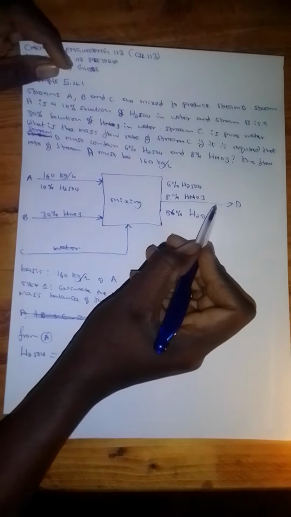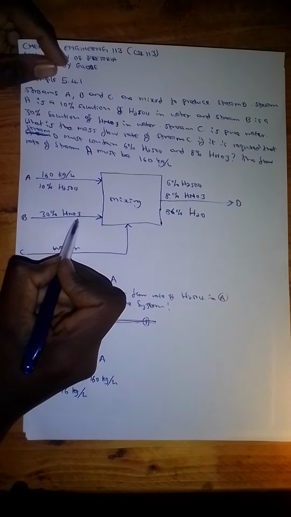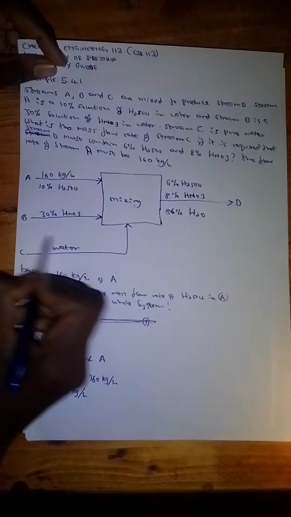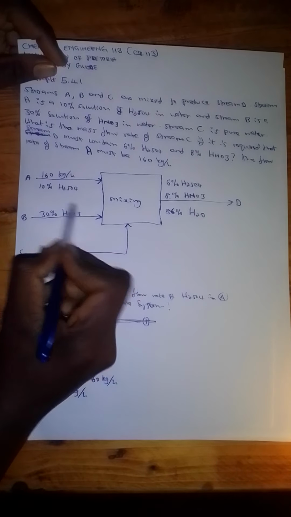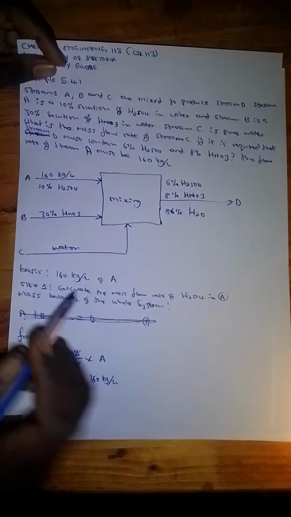Now with step 3, remember that we have our D, we can also use HNO3 as a tie compound, because we know all HNO3 in here is equal to all HNO3 in there.